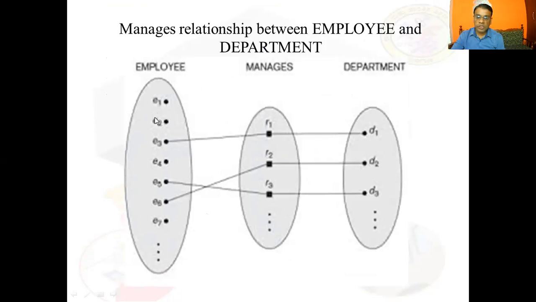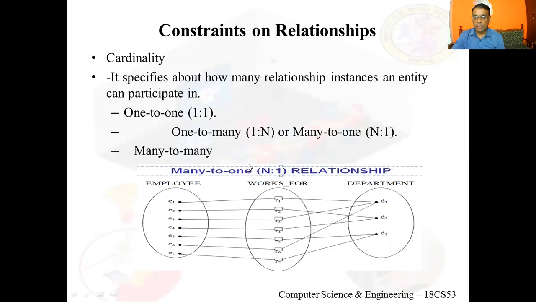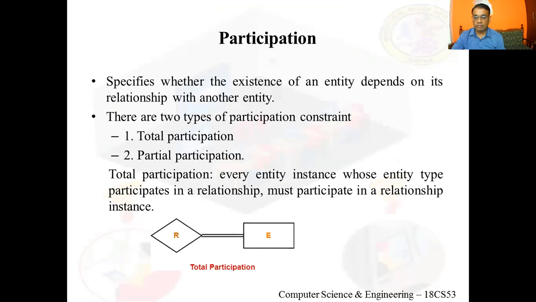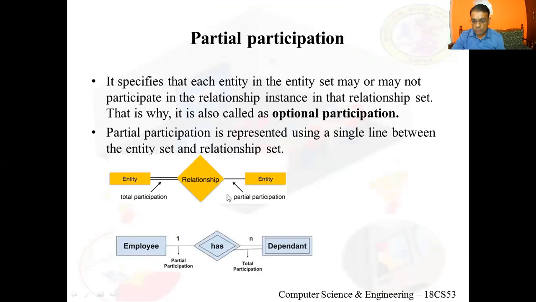The participation of employee in the manages relationship type is partial here, whereas the participation of department in the manages relationship type is total. So partial participation is represented with a single line and total participation is represented with a double line.